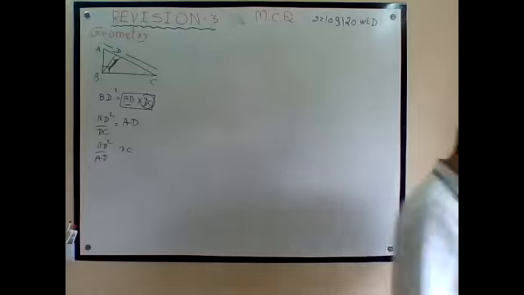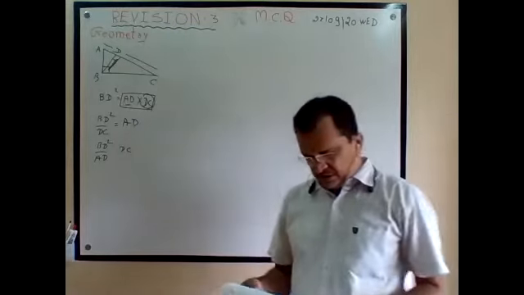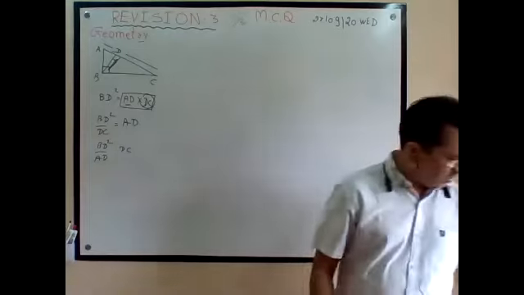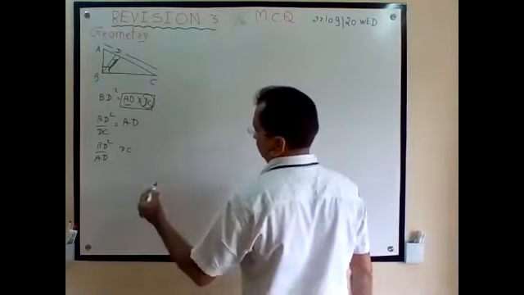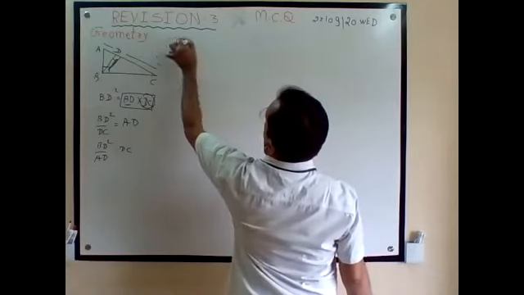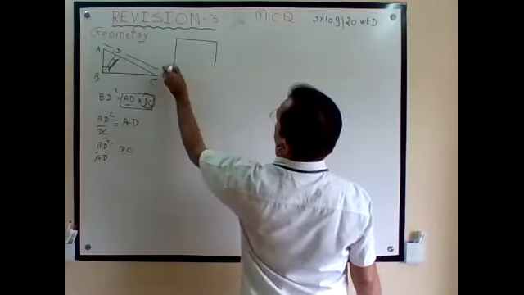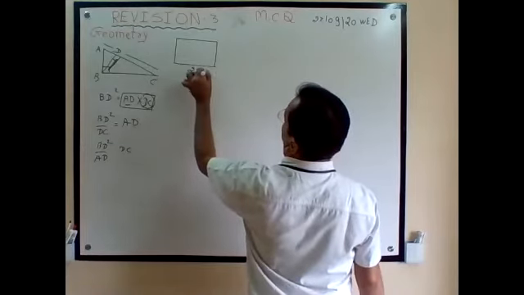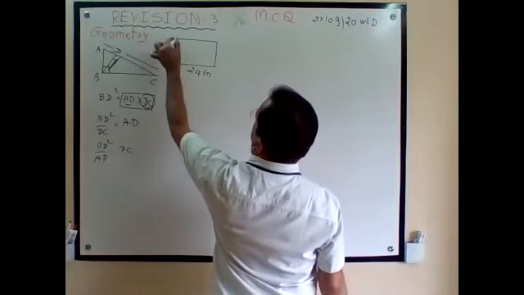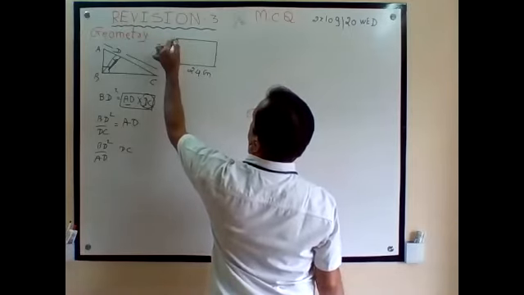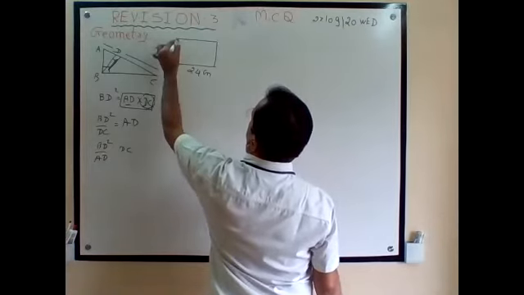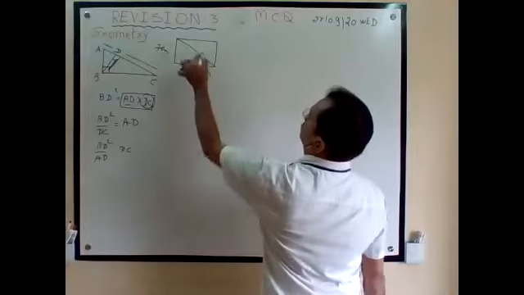Next, in a rectangle, length and breadth are given. How to find out the diagonal? 24 centimeter is the given length, 7 centimeter is given, so find out this.